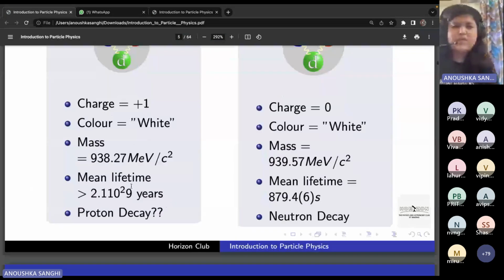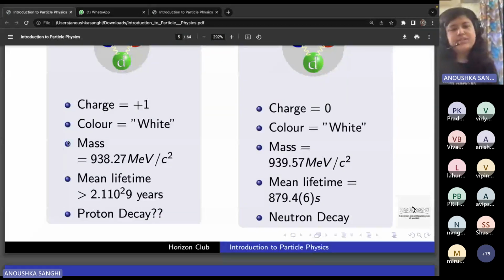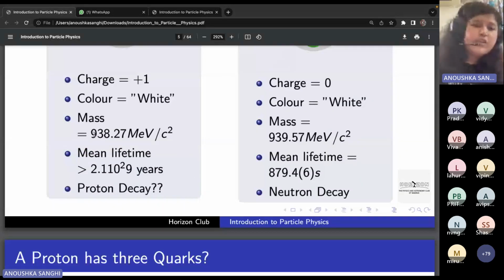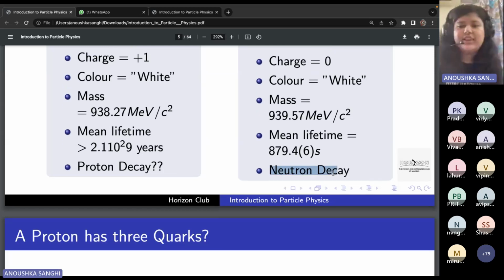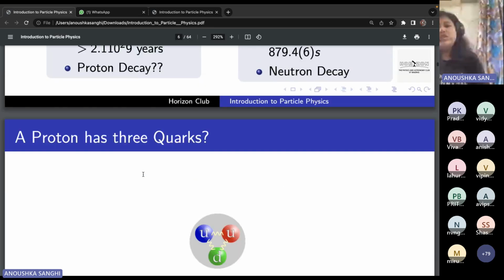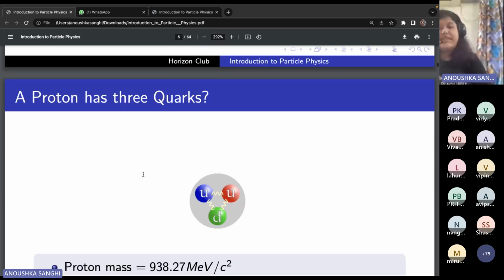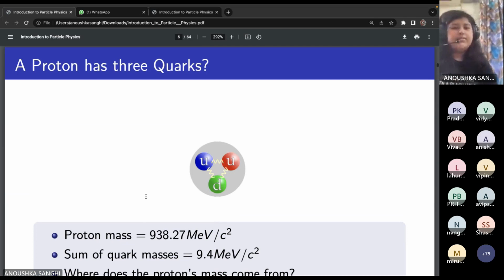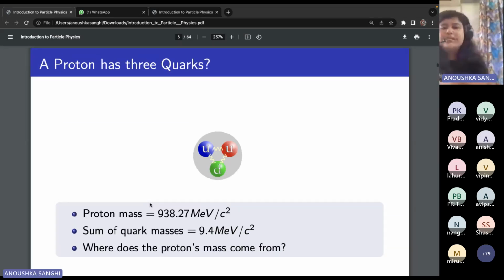Also, there are some important things mentioned here, which are the mass, neutron decay, and proton decay. So we'll talk about proton decay and neutron decay. An important thing comes here: a proton has three quarks, right?